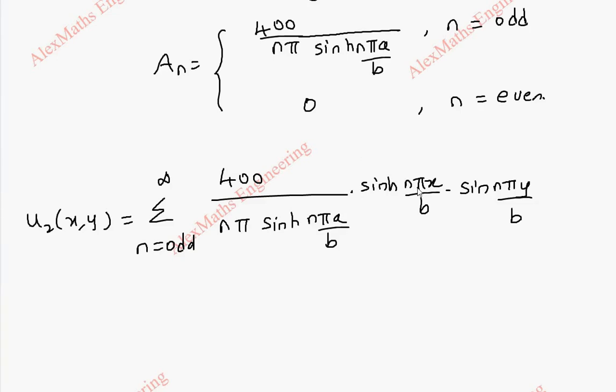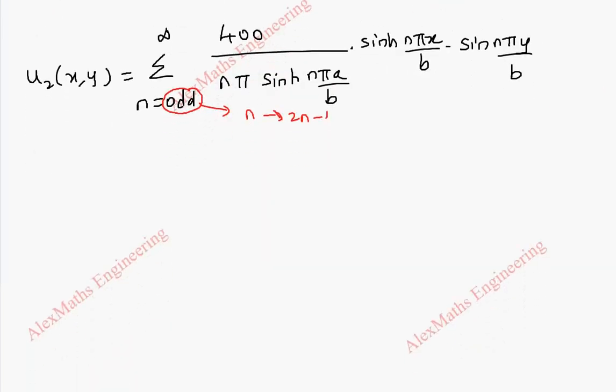So this odd can be changed from odd to infinity as 1 to infinity by changing n as 2n minus 1. So we are going to replace every n and at the same time we are going to take the constants also outside. So u2 of x comma y becomes 400 by pi and we have summation n is from 1 to infinity.